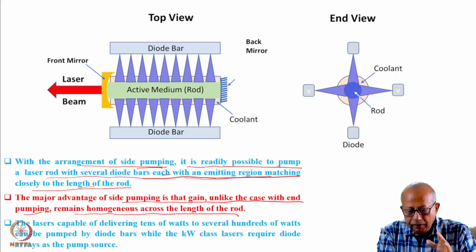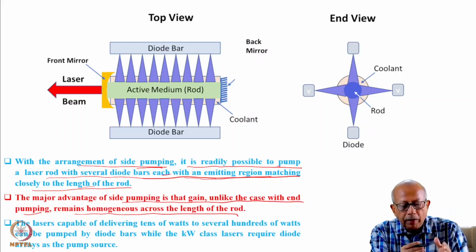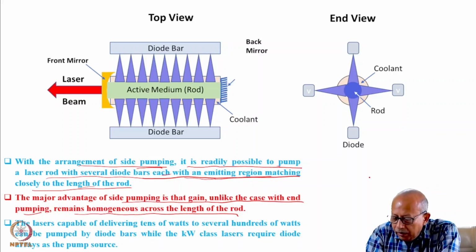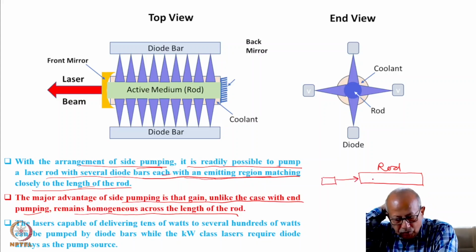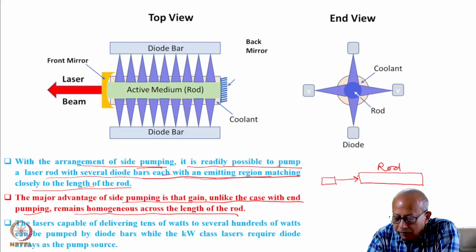I think you will be able to appreciate this point if I tell you a little bit more about pumping a laser rod through one of its ends by a diode. See, the diode laser is being introduced to the rod through one of its ends. Now you have the absorbing atoms embedded here.